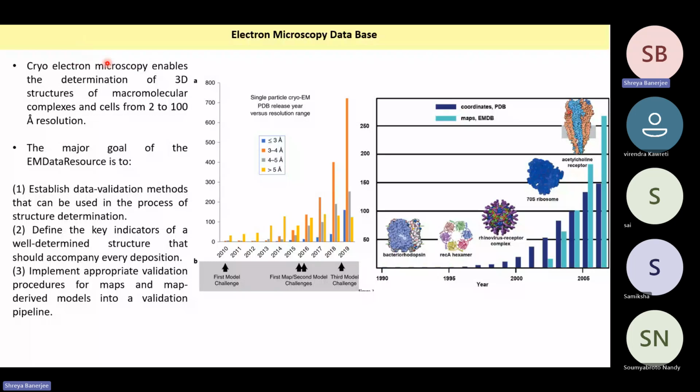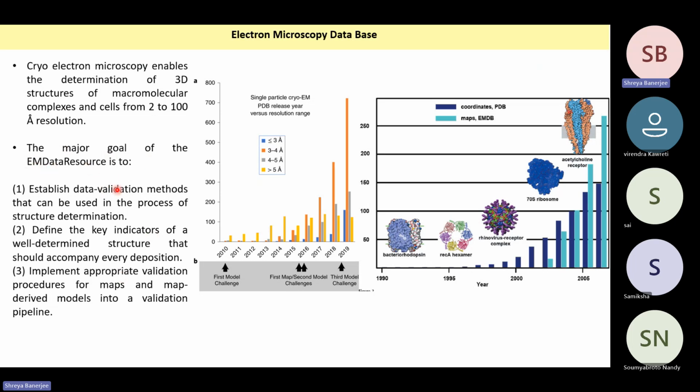So cryo-electron microscopy enables the determination of 3D structures of macromolecular complexes and cells from 2 to 200 angstrom resolution. 2 angstrom is a very high resolution that can be obtained by cryo-electron microscopy. And there is a database called EM Data Resource.